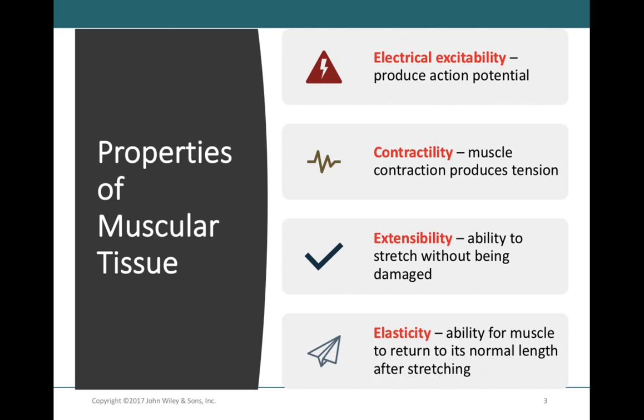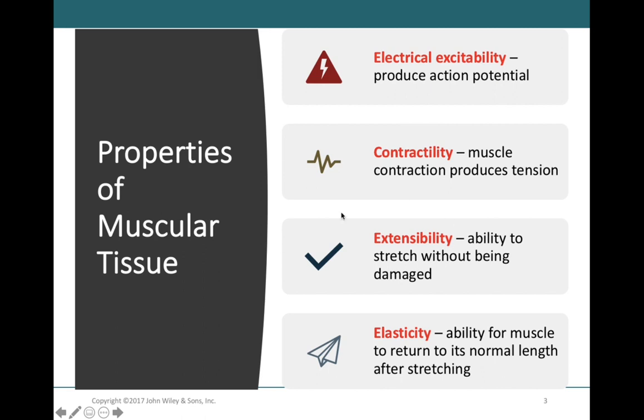But for now, I just want you to understand that action potentials are signals that can be sent from cell to cell. So certain types of muscular tissue are going to have this electrical excitability, and they're going to be able to generate action potentials and send signals to other muscle cells all on their own. One of the best examples of this is cardiac muscle. Cardiac muscle has certain cells that allow it to contract all on its own.